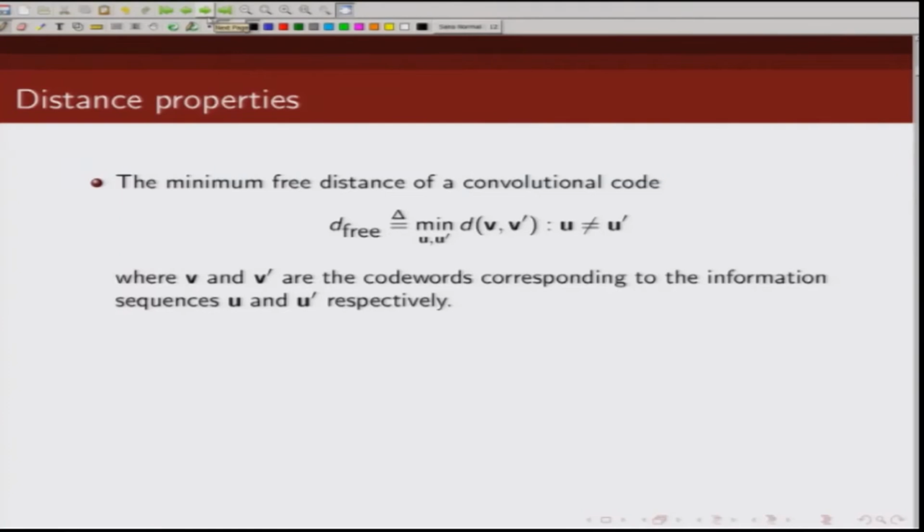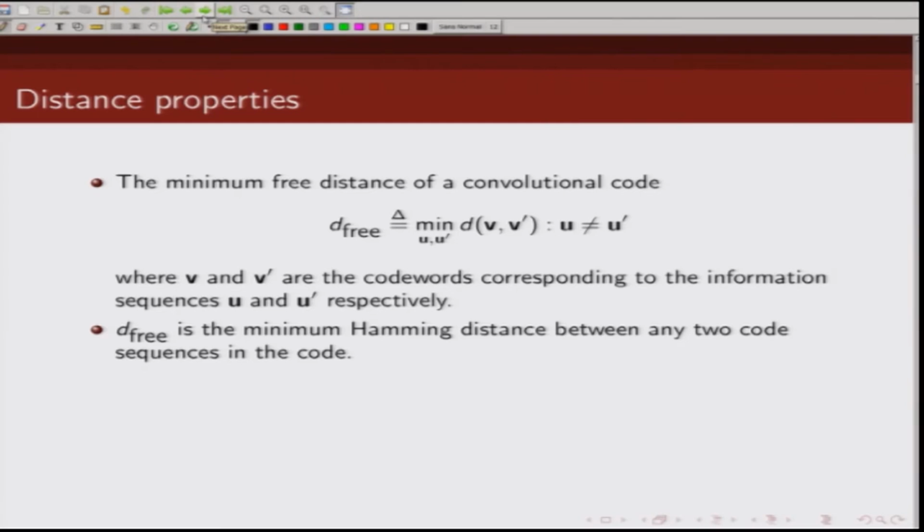Before we discuss a technique to find out the weight distribution, let us define what we mean by the minimum free distance of a convolutional code. The minimum free distance of a convolutional code is defined as the minimum Hamming distance between two code words V and V hat, where V and V hat are two code words corresponding to information sequences U and U hat, where U and U hat are two different information sequences.